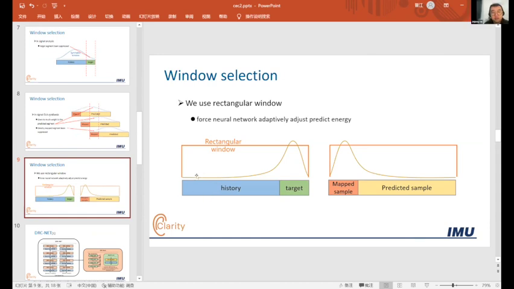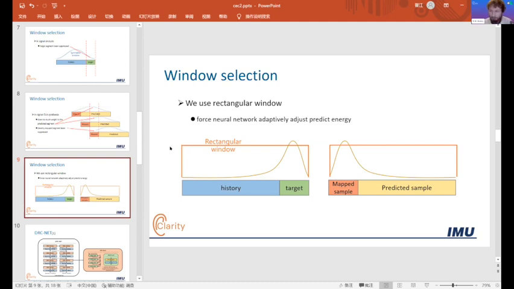Because if we use this kind of window, we need to handcraft and adjust its shape. It's quite difficult to determine how to design this shape to get the best performance.